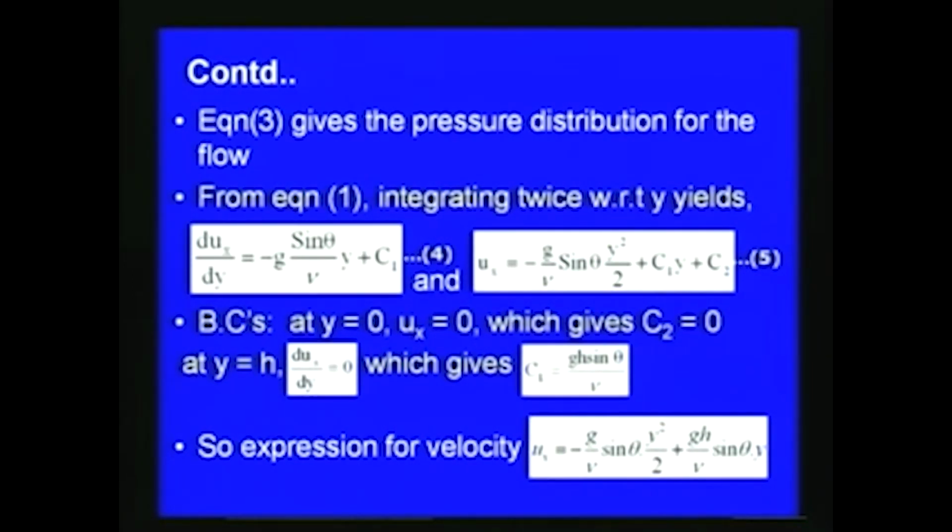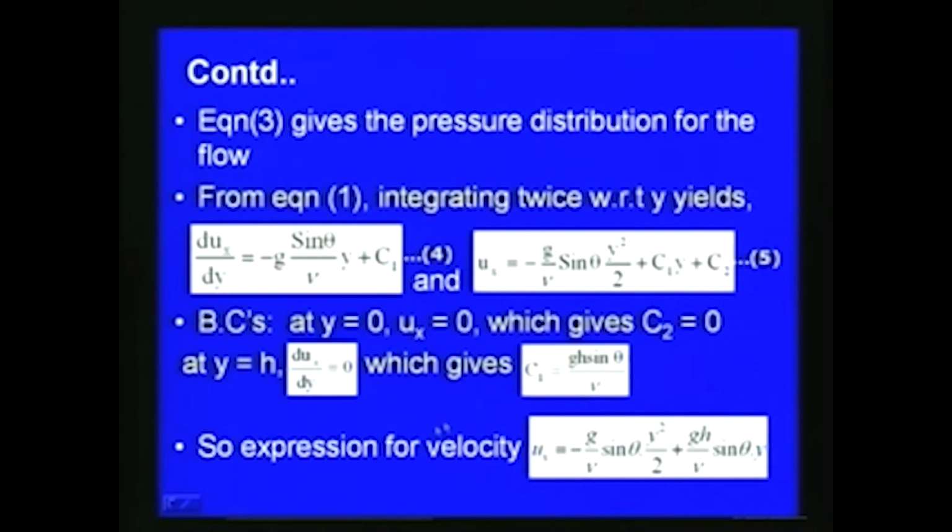So, finally we got equation number 5. Here we have the constants of integration c1 and c2, so we can utilize the boundary conditions. At y is equal to 0, ux is equal to 0, which gives c2 is equal to 0, and at y is equal to h, dux by dy is equal to 0, which gives c1 is equal to gh.